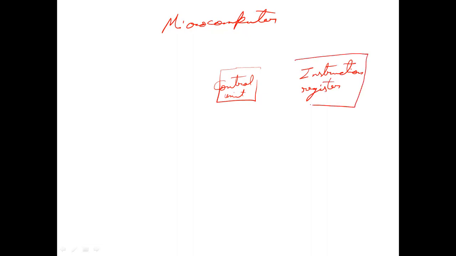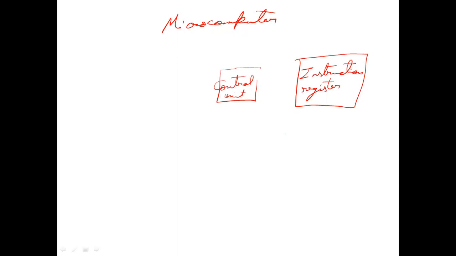So a microcomputer has a control unit, then it has an instruction register, right?